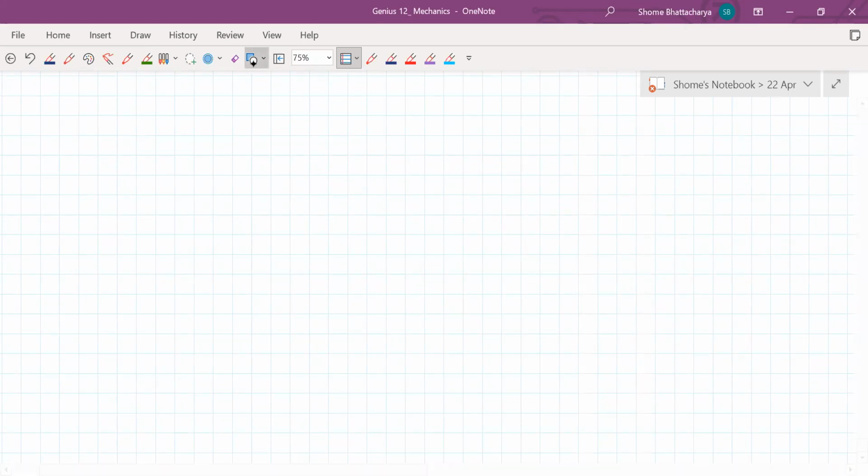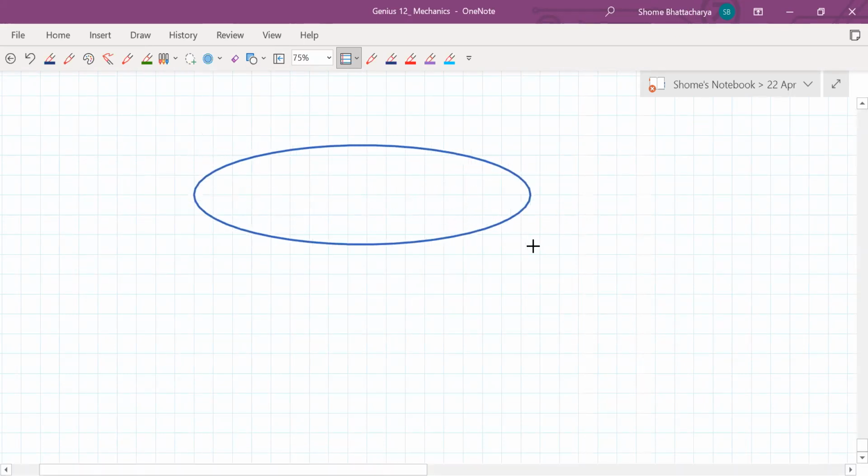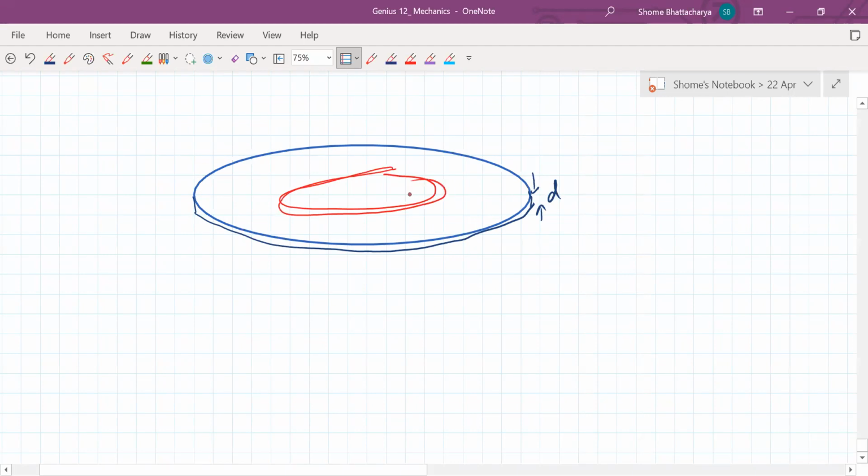So what's happening here is, think of the disk from the cross-sectional point of view. If the thickness of the disk is some small d, slice it into rings like this. That ring has two thicknesses.